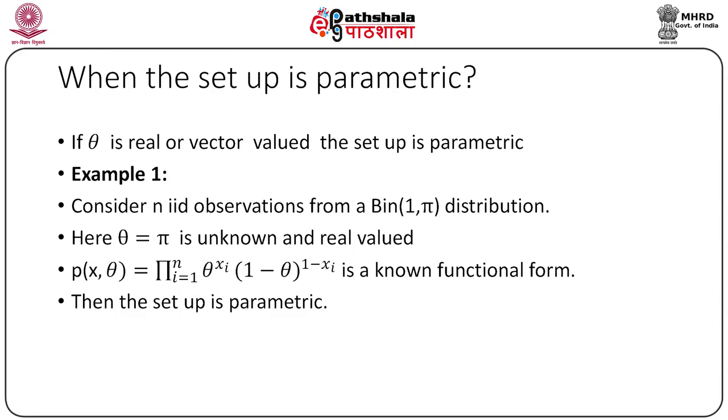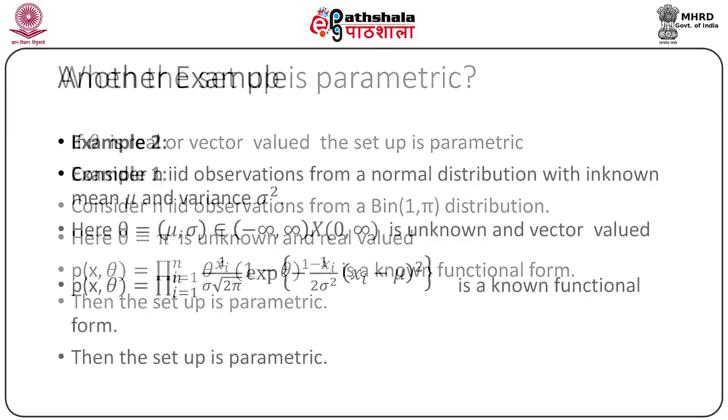For an example, consider IID observations xi from a Bernoulli distribution with mean pi. Then theta, the unknown quantity here, is pi and is real valued. The joint distribution, that is P_theta, is nothing but the product of each individual PMF. Thus, omega is a subset of the real line and hence the setup is parametric.